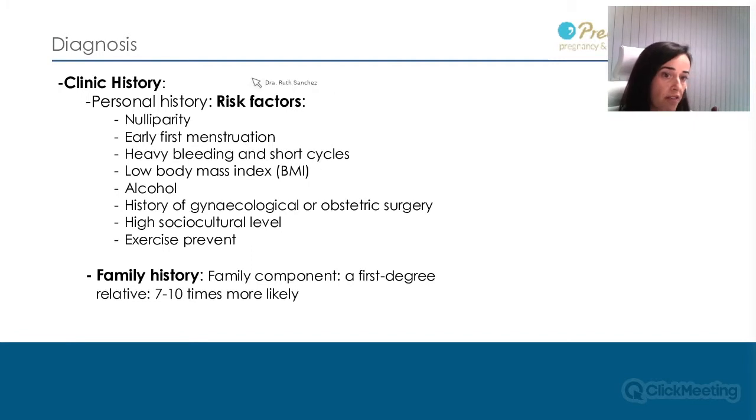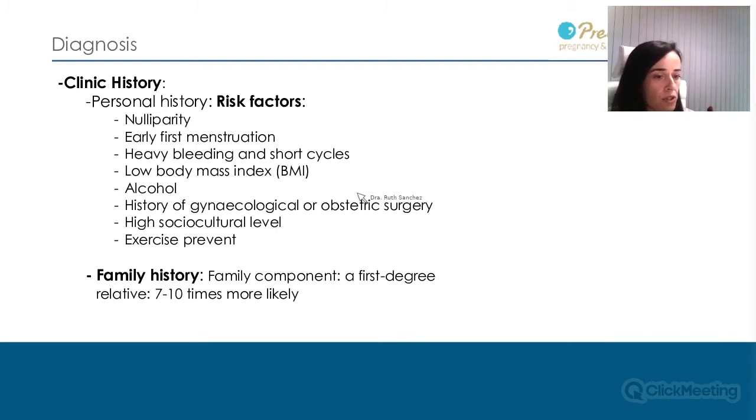It's also a risk factor to have a history of gynecological or obstetric surgery. Also, a high sociocultural level is a risk factor for endometriosis, and doing exercise can prevent endometriosis.